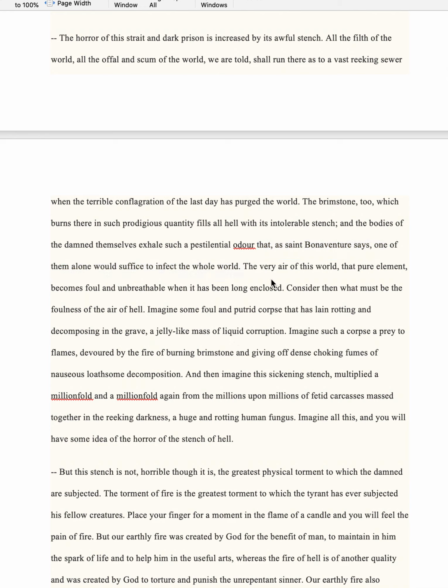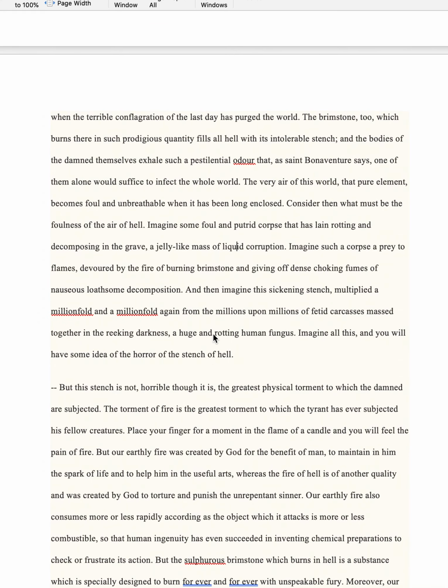Foul, unbreathable, enclosed, foulness again, foul and putrid corpse, lying rotting, decomposing in the grave, jelly-like mass of liquid corruption. Corpse prey to flames, devoured, dense, choking fumes of nauseous, loathsome decomposition, sickening stench, millions upon millions of fetid carcasses massed together in a reeking darkness, a huge rotting fungus.